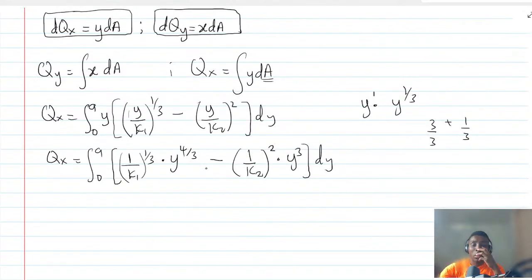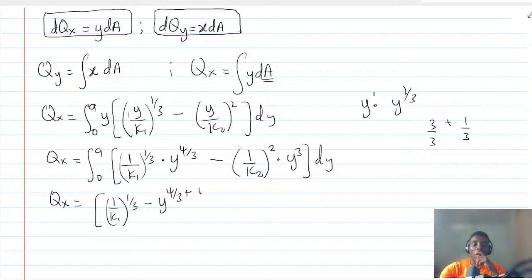Now we have to integrate, but because k1 and k2 are constants, they do not take part in the integration. So Qx is going to be, let's do the integration, 1 over k1 cubed minus, so the whole of this is actually 4 over 3 plus.